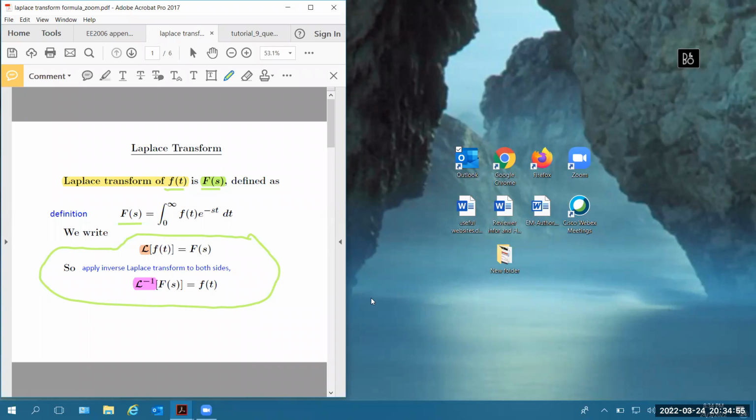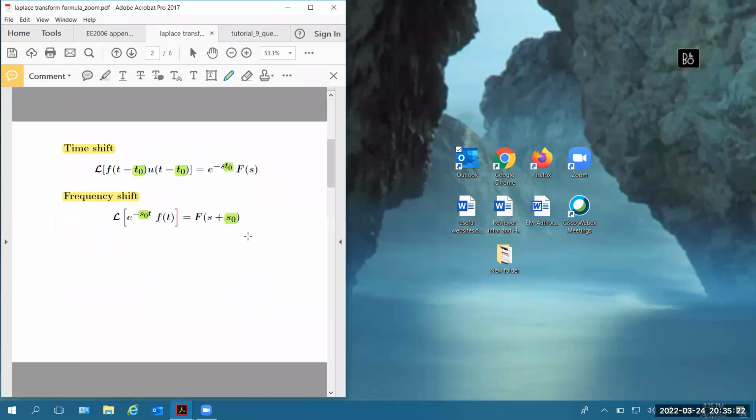And if you inverse Laplace transform capital F(s), that will give you back f(t). So this is the relationship between the small f and the big F, and we have to always remember this. Then the next thing is, let's go to two very famous properties of the Laplace transform.